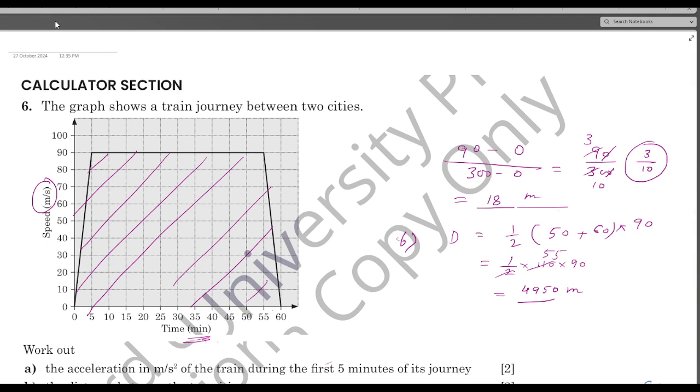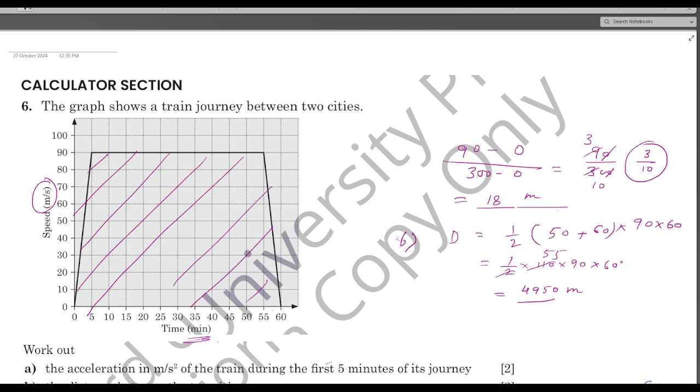And for distance, this is not 50 plus 60. Actually, this whole thing should be multiplied by 60, as these minutes should be converted to seconds. So whatever answer I got, I should multiply by 60.